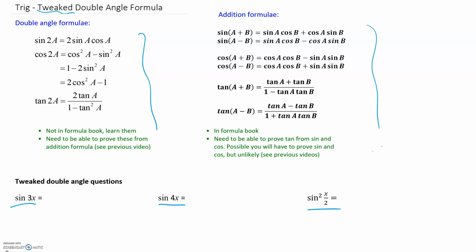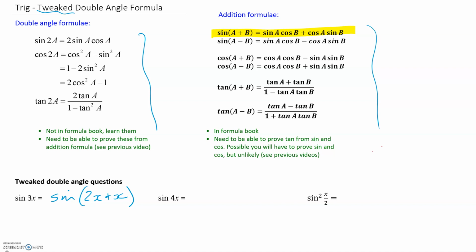So at the top here is a summary of all the formulae we've come across so far in the previous videos. So let's have a look what to do if we see a sine 3x anywhere. When you have sine 3x, the way to deal with that is to always write that as sine brackets 2x plus x, and then you can just use the top addition formulae.